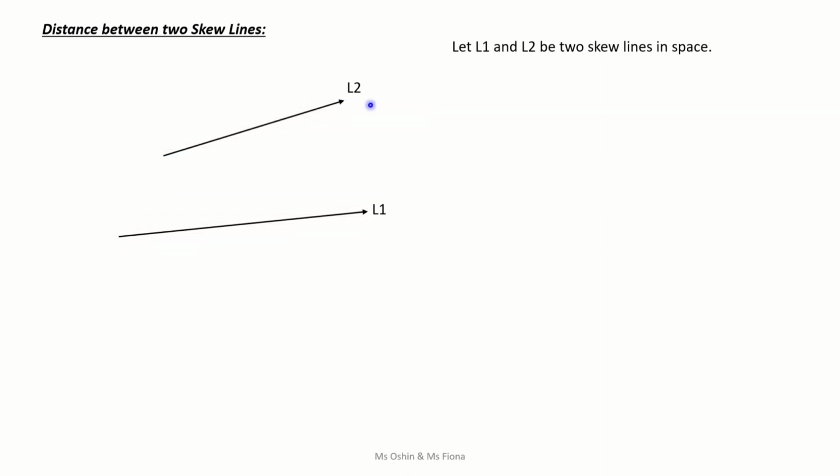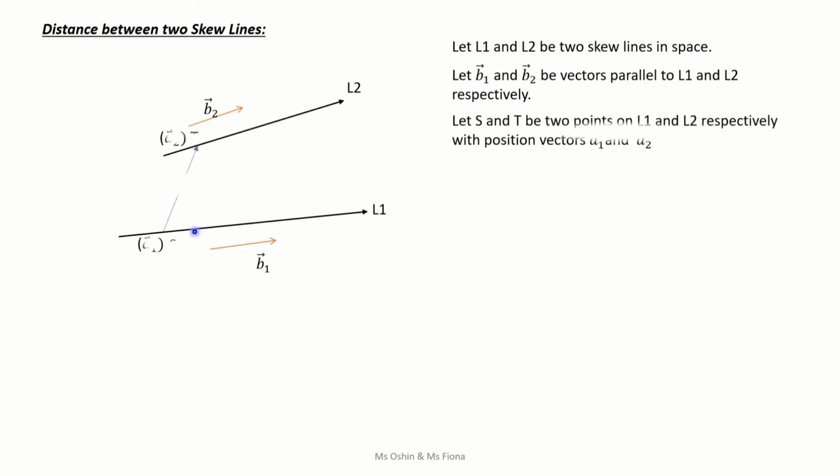Let's take L1 and L2 be two skew lines. Let B1 vector and B2 vector be parallel to L1 and L2 respectively. Now suppose I take S and T on L1 and L2 respectively.